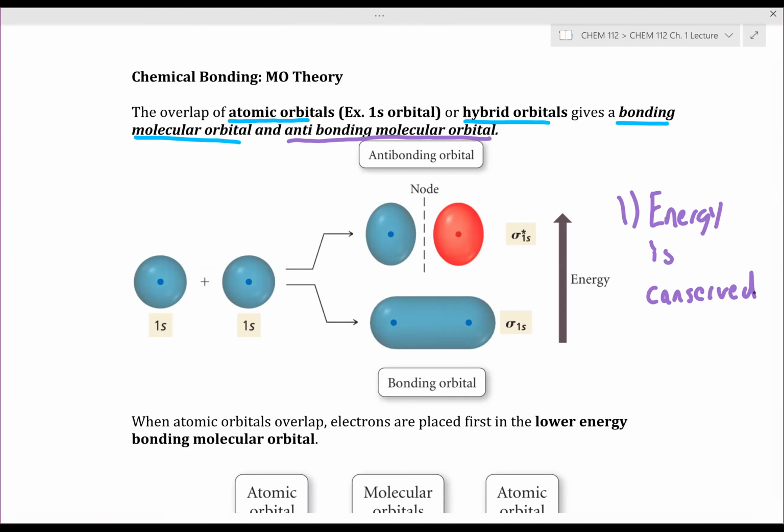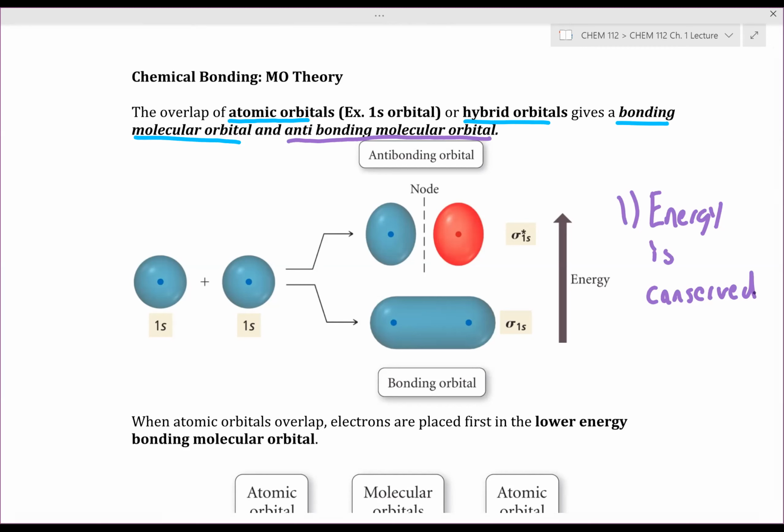However, we do gain a benefit if our electrons end up in lower energy bonding orbitals. So that's our goal. That's the reason why we form bonds, to put electrons in lower energy states. Does that make sense? Okay, so we get two different types of orbitals. Bonding, which is lower in energy, and anti-bonding, which is higher in energy.